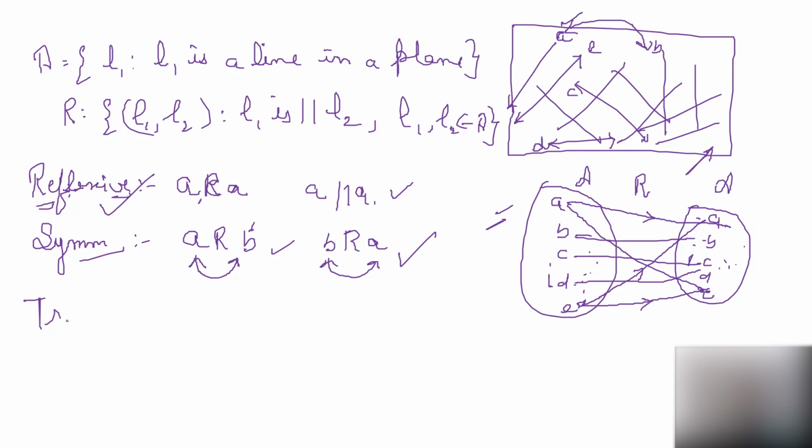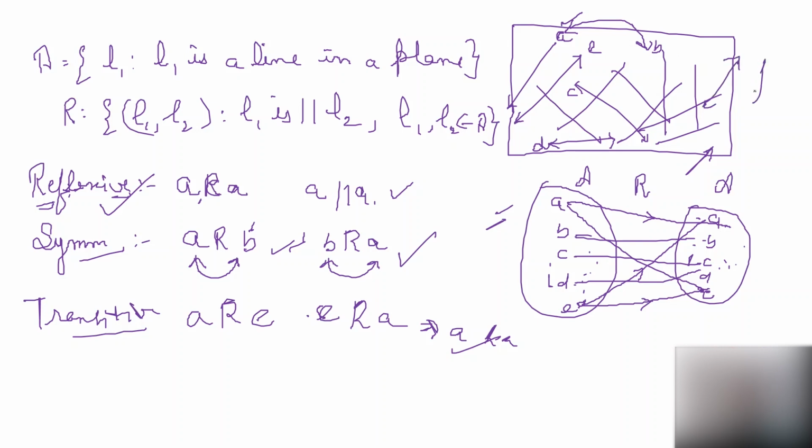Now transitive. Transitive means if A is related to E and E is related to A, can we say that A is also related to A? Yes, A is also parallel to A. Or you can try one more line also.